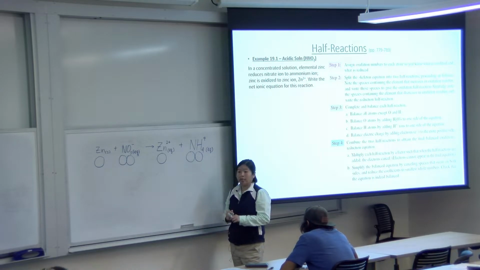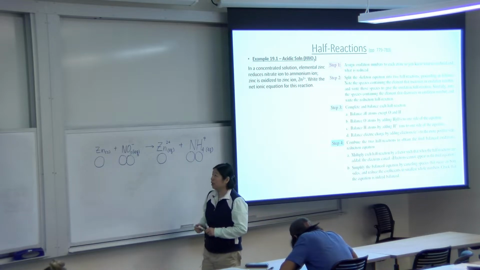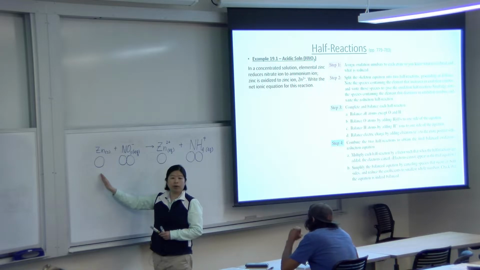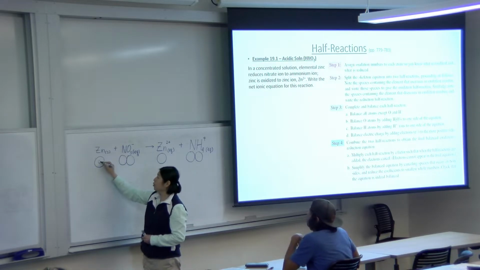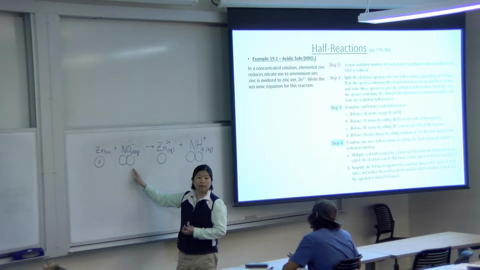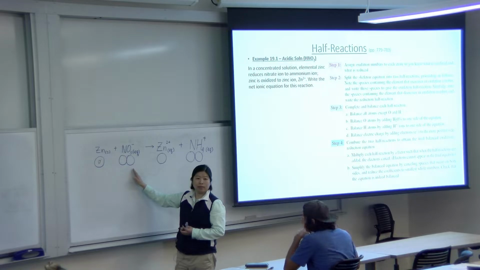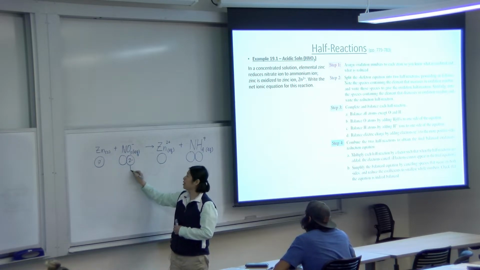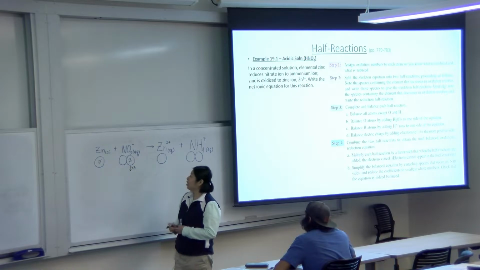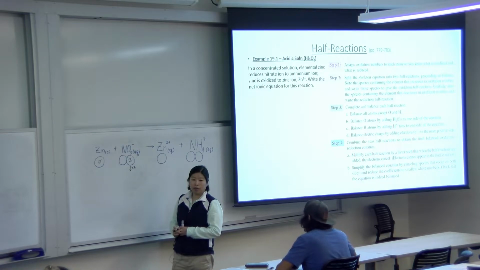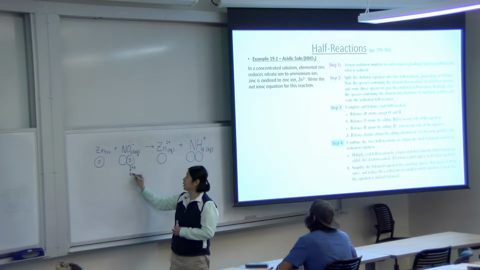Then we apply our oxidation rules from last semester. When something is elemental, what is its oxidation state? Shimona? 0. Gave you an easy one. Oxygen, what is its oxidation state? Lexi? 2 minus. Because there are 3 of them, we need to multiply by 3 to account for the overall oxidation state of 6 minus.